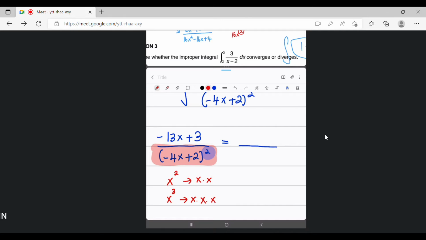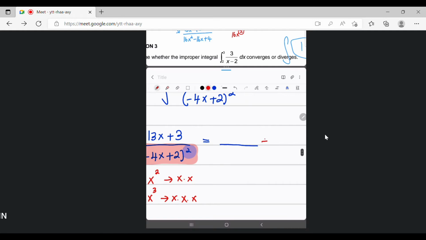Okay, so the next question adalah tengok kepada power of bracket. Okay, power dekat outside the bracket. So for this case, we have the power of 2. Okay, bila power of 2, lebih daripada 1 kan? So maksudnya dia akan ada, tak apalah pakai je lah pen merah ni, tambah 1 lagi.